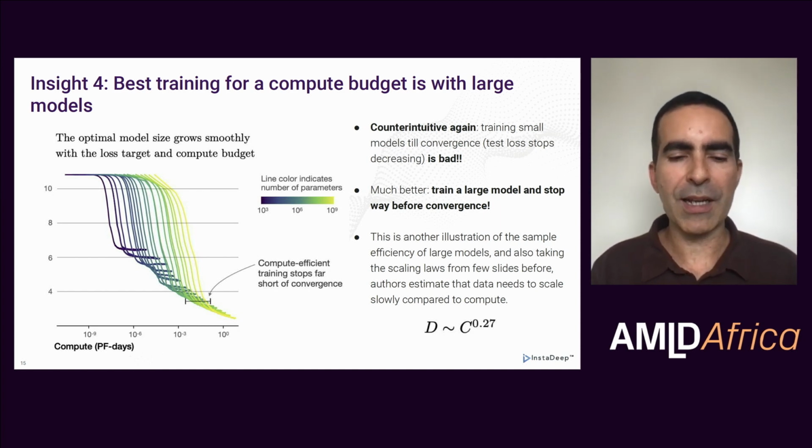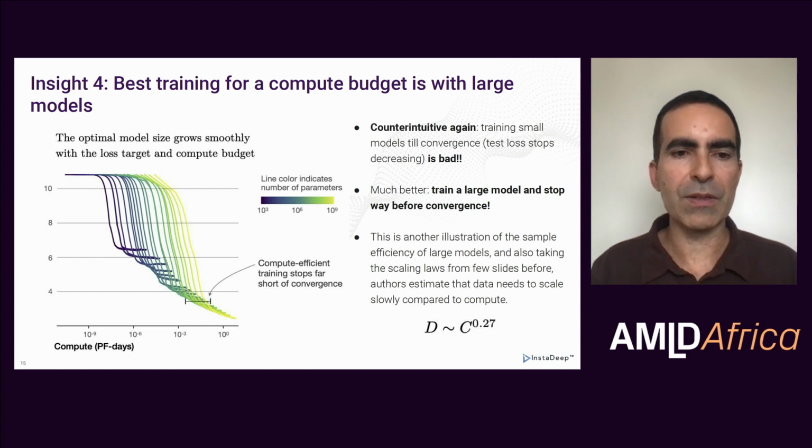This is where you're going to have the optimal bang for your buck, or the smallest possible test loss for the compute budget you have. Again, this is not a very intuitive thing, but it has been validated on these tasks.